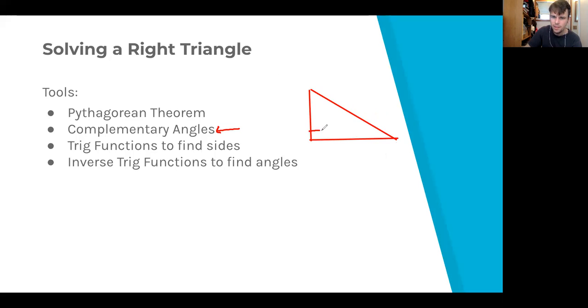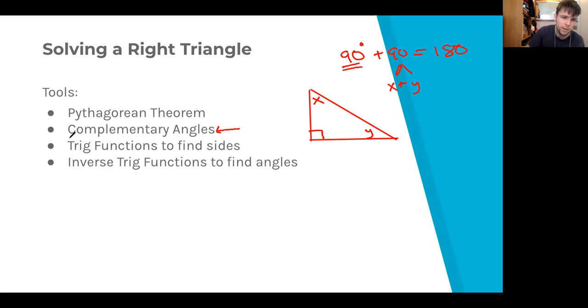That's because we have a 90-degree angle here, which means that these two angles have to also add up to be 90, because 90 plus 90 is 180. If we know we have one 90-degree angle, then these two angles, x and y, have to add together to be the other 90 degrees, because the triangle sum theorem tells us that all angles in a triangle add up to 180. So you can always make use of that. If we know one of these acute angles, the other one's just going to be complementary to it. So we can quickly find that.